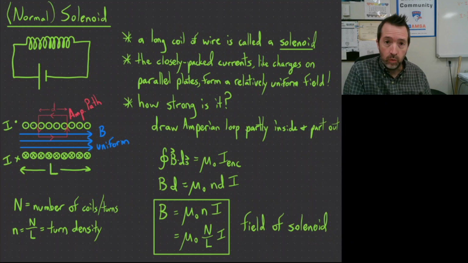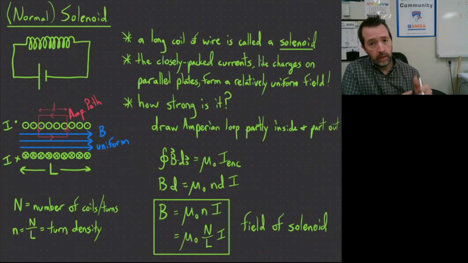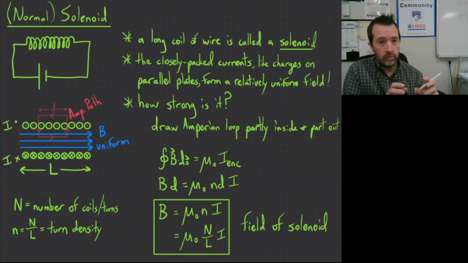A device called a solenoid, basically a really long coil of wire. Solenoids are in many ways a magnetic equivalent of a capacitor. Capacitors are a specially arranged formation of charges that creates a uniform electric field.